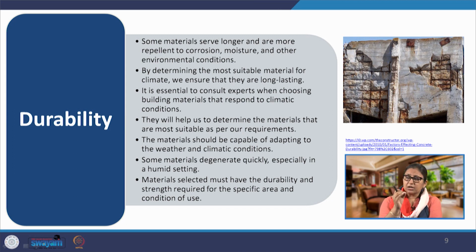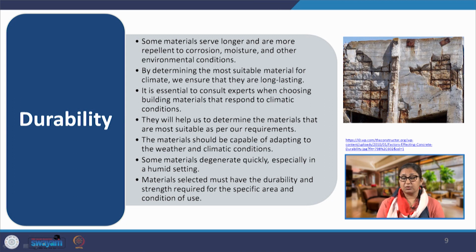Now, when I was talking about the factors initially, for example, mud, unbaked raw mud. Earlier you would have seen that the houses in rural areas, the kacha houses, were done using mud.